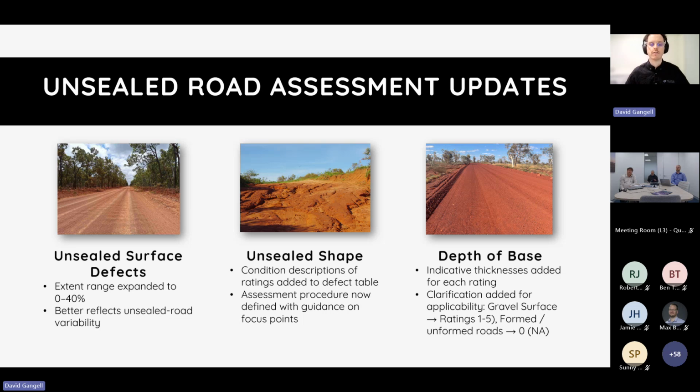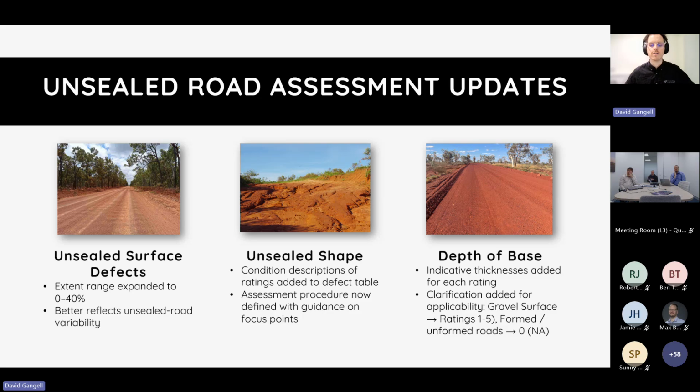And a 5, it's needing to have that understanding of what the formation of the road is and what cross section it should be assessed under. So if it's just formed or unformed, the depth of base becomes not applicable.